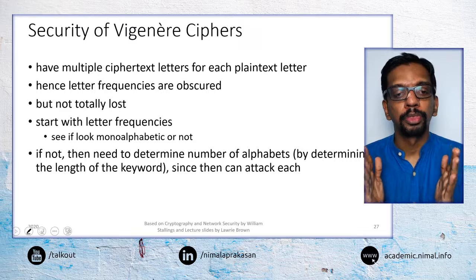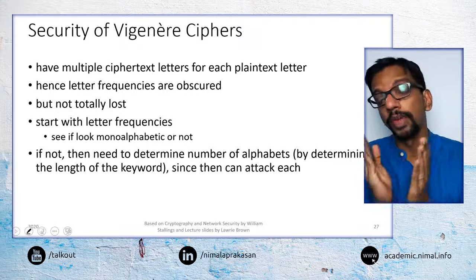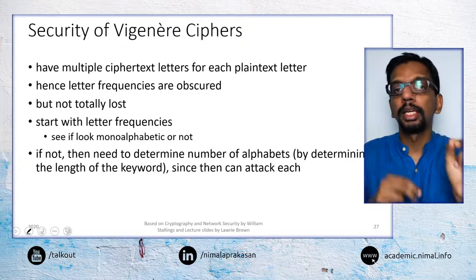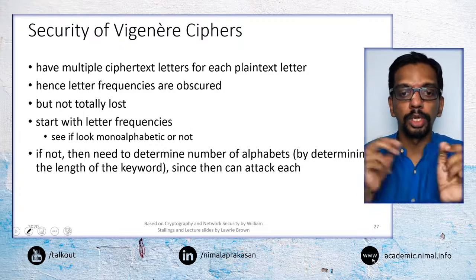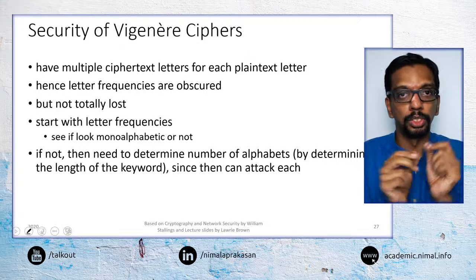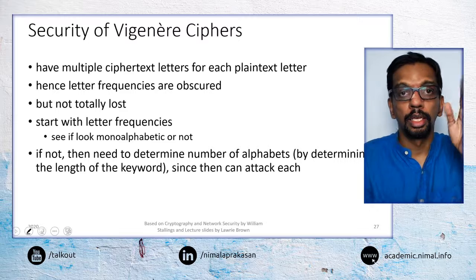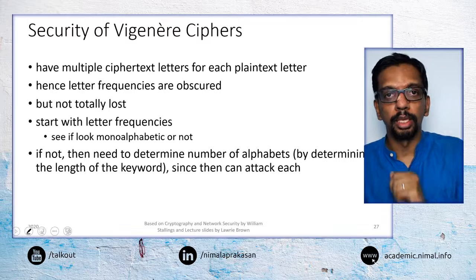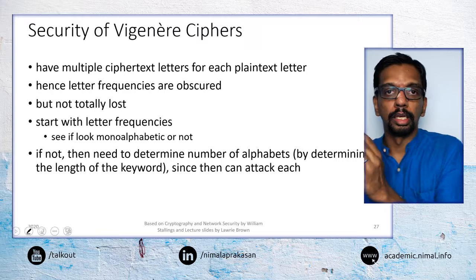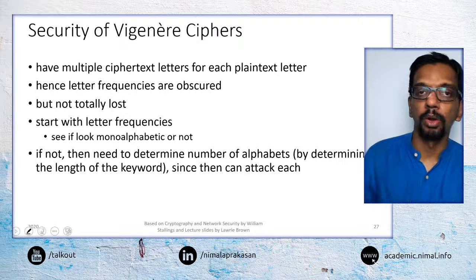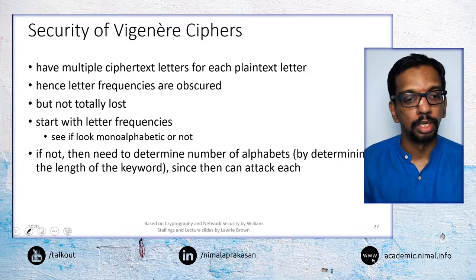So the frequencies are not very visible, because each letter may be replaced differently in different cases. The frequencies are significantly obscured. Say in one place A would be replaced by X, in another place A would be replaced by M, so the frequency of those patterns may not be very much visible.